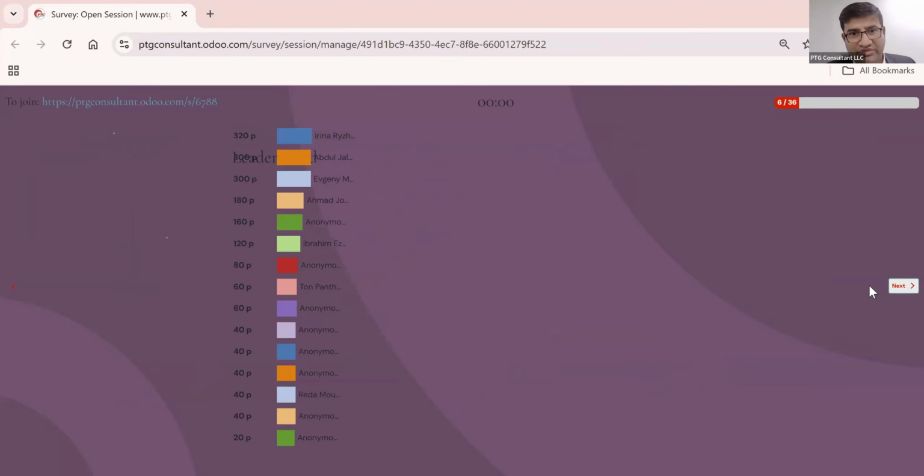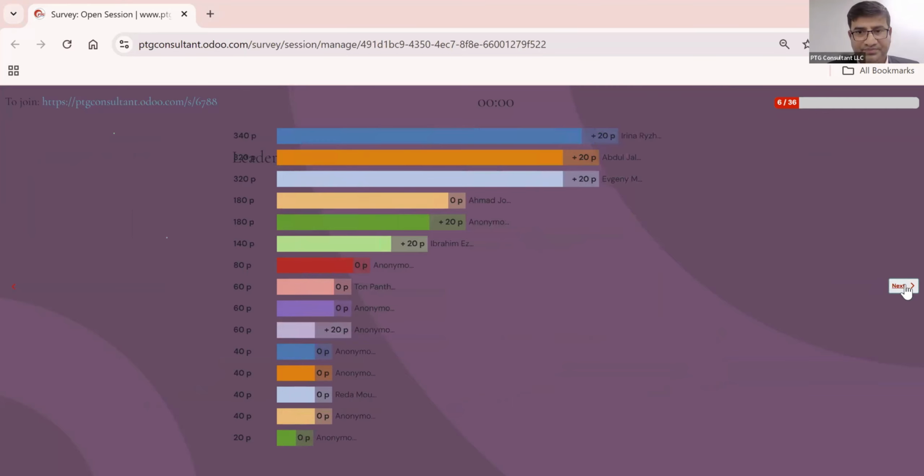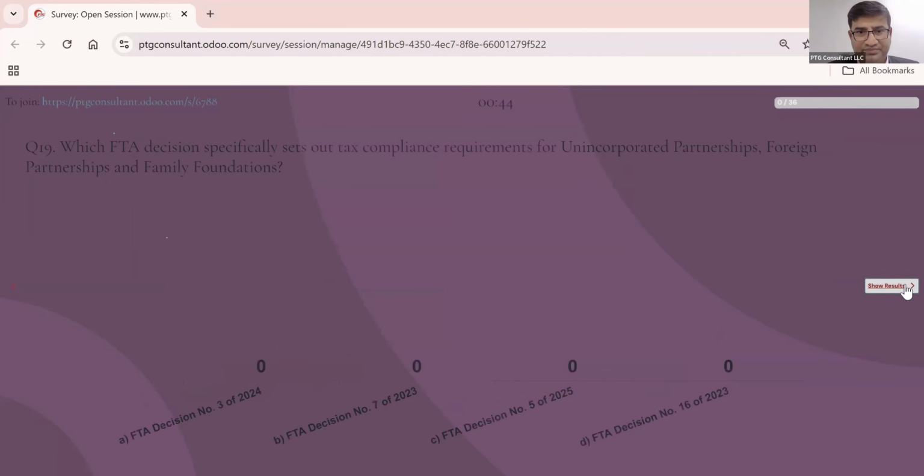Okay, let's move to the next. Which FTA decision specifically sets out tax compliance requirements for unincorporated partnership, family partnership, foreign partnership, and family foundation?